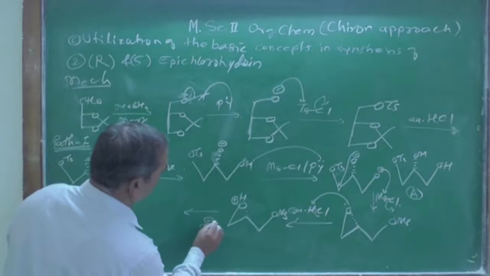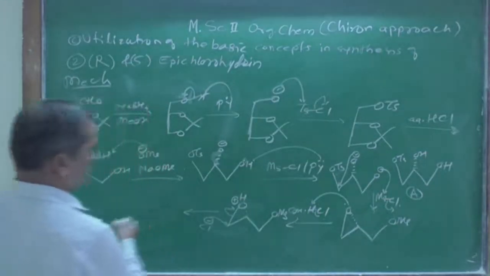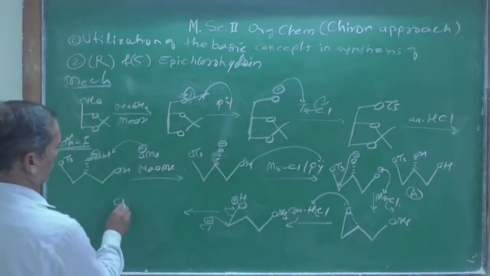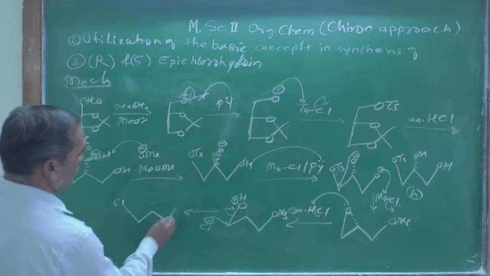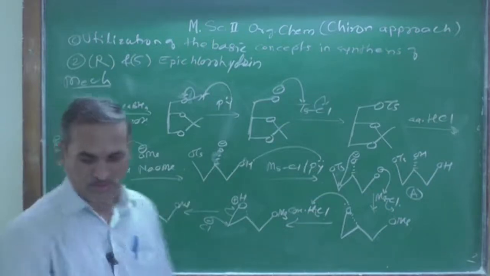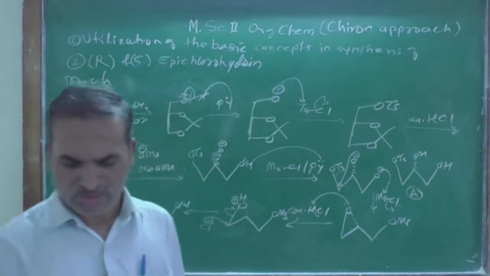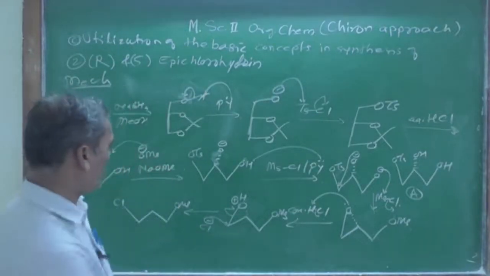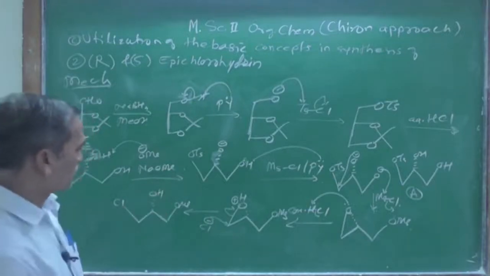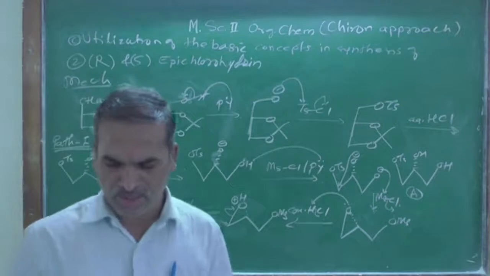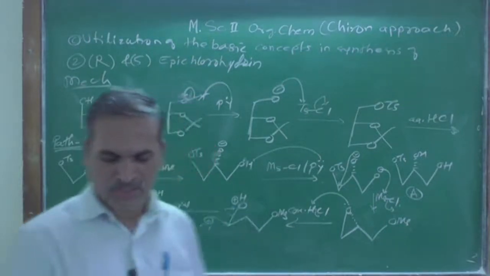Now Cl minus is attacking from this side, and this ring gets open, so that you are going to get Cl over here, then here will be OMs, right, OMs, and here again OH, right. So this is the compound we are going to get over there.